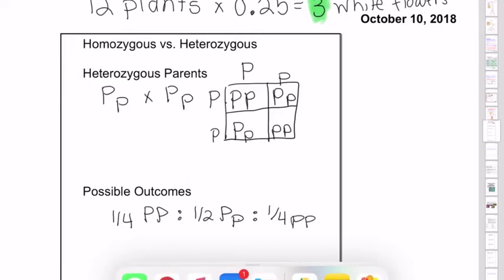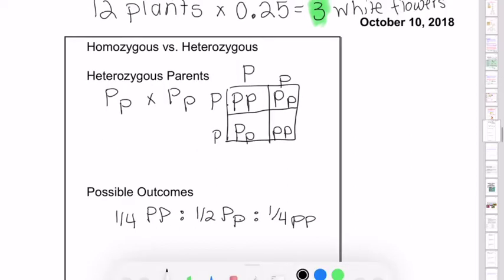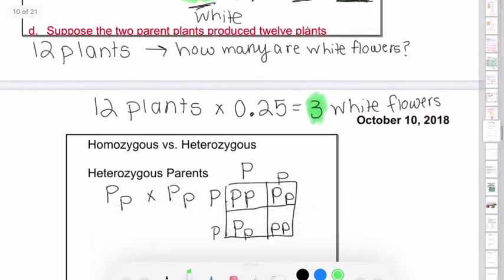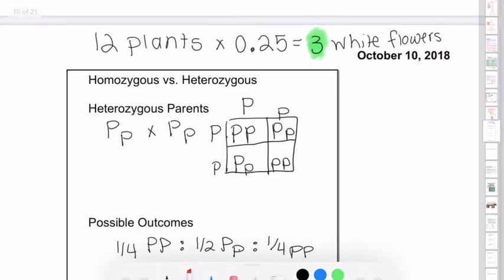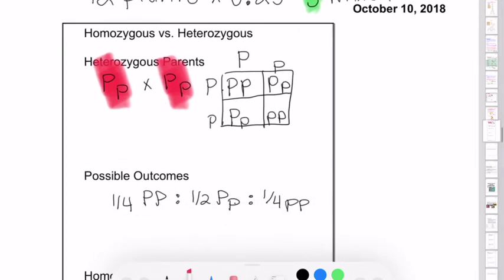That's the one we just did, because that's a heterozygous parent. They're heterozygous because these are different. They've got different alleles, sorry. And I used red for that. I like to be consistent with that. So those are our heterozygous parents.